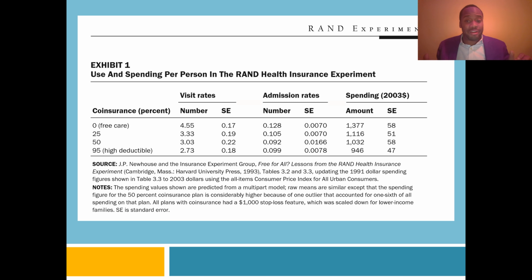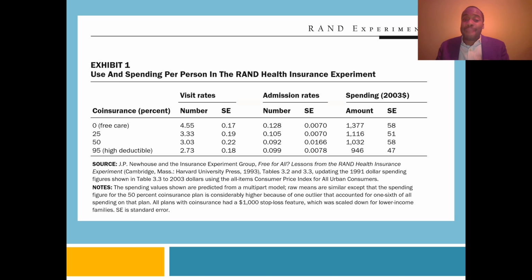0.12 for free care. So when things were absolutely free, and inpatient visits are very expensive, there was 0.128 admission rates. Not a lot, right? And when healthcare was 95% out of pocket for the person, meaning I have to pay 95% of that bill, an inpatient visit can be $5,000, $10,000, and I would be on the hook for 95% of that bill.